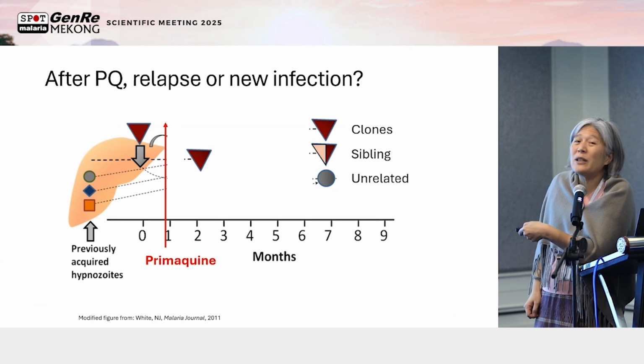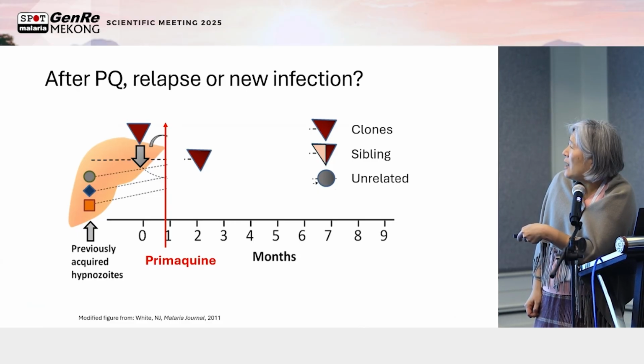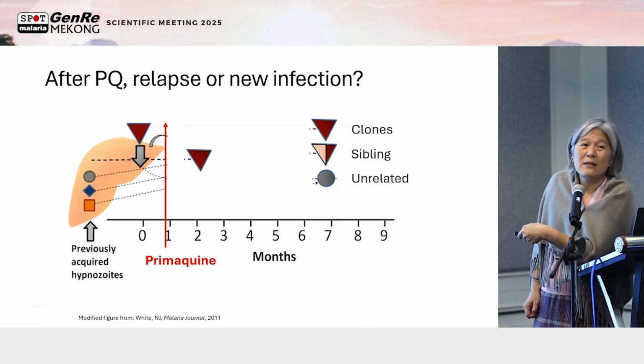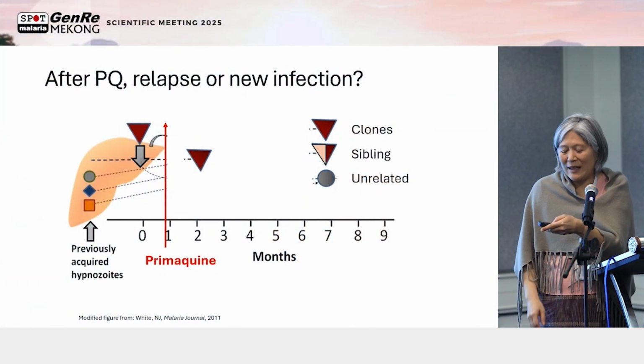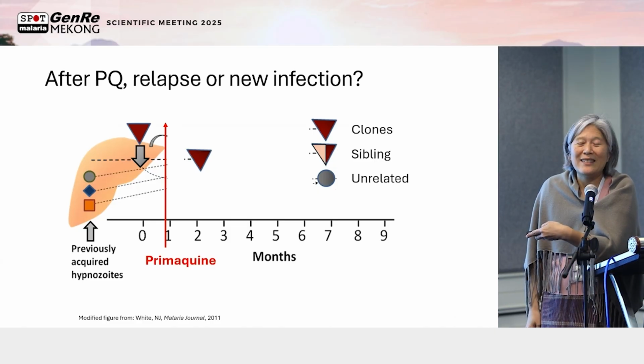So that's the sibling, the brother or sister. Or it is unrelated. So when you give primaquine and you get a recurrence, it could be a relapse, it could be a new infection, but even the relapses are not easy to know. Okay, I've simplified it.